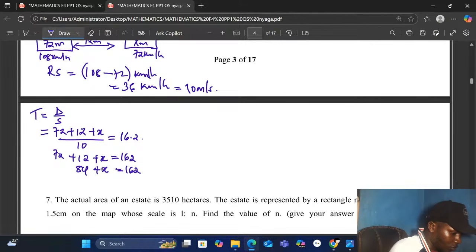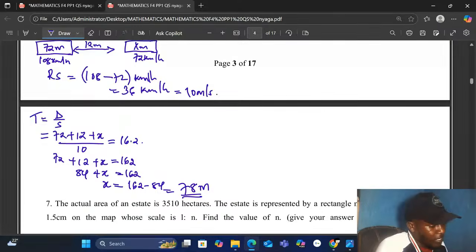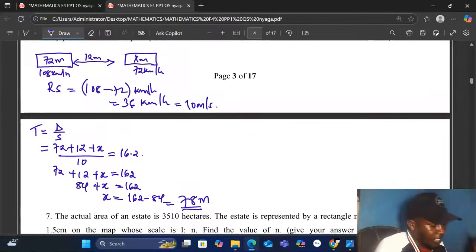So we remain with x on one side, so that x is equal to 162 minus 84. That one becomes 78. But x is now the length of the train. So that means the train is 78 meters long.